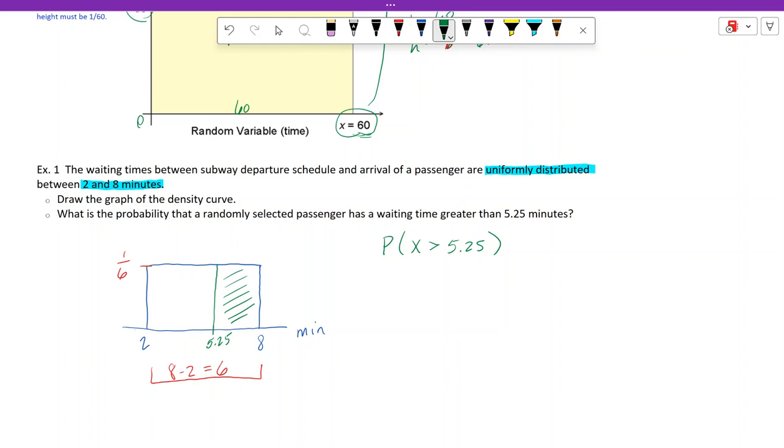So now what I'm going to find in essence is the area of this new green rectangle. To find area, I have to know the base of this, or what's the width of my base? So from here to here, I'm going to take 8 minus 5.25, and I find out that that is 2.75. So the base of this new green rectangle that I've drawn over here is 2.75.